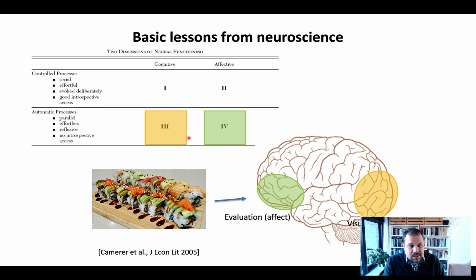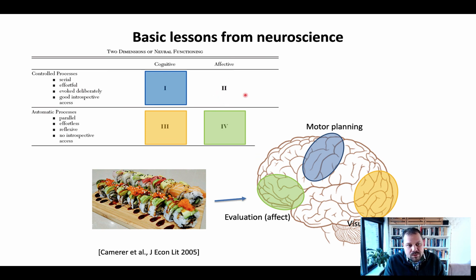So it's an automatic process that consistently evaluates, is something good for me, is something bad for me, which happens in the ventromedial prefrontal cortex here, which is then fed forward to motor planning. So now I made a decision, I like it, I evaluate this as something that I should eat. So I have to get my chopstick motor neurons ready to pick up the food and eat it.